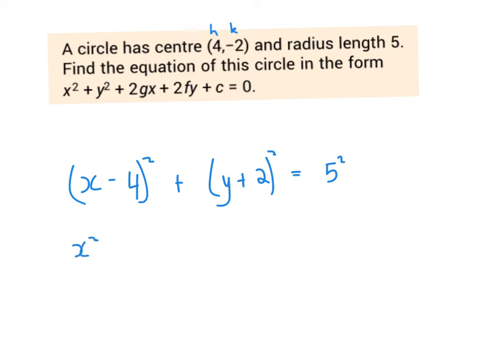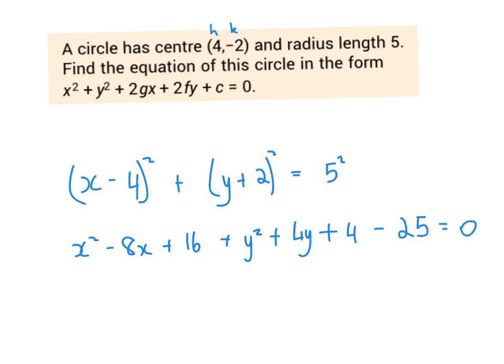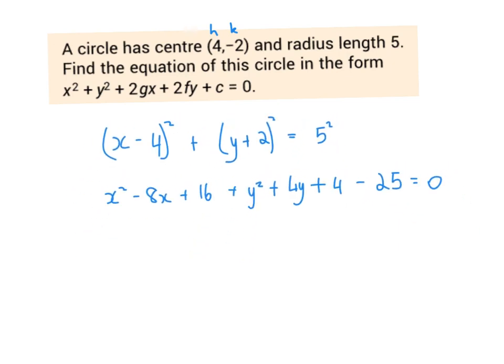So here we have x squared minus 8x plus 16 plus y squared plus 4y plus 4, and then 5 squared is 25, we'll bring that across so it becomes minus 25 equal to 0. And now let's just tidy it up in the form that we want.